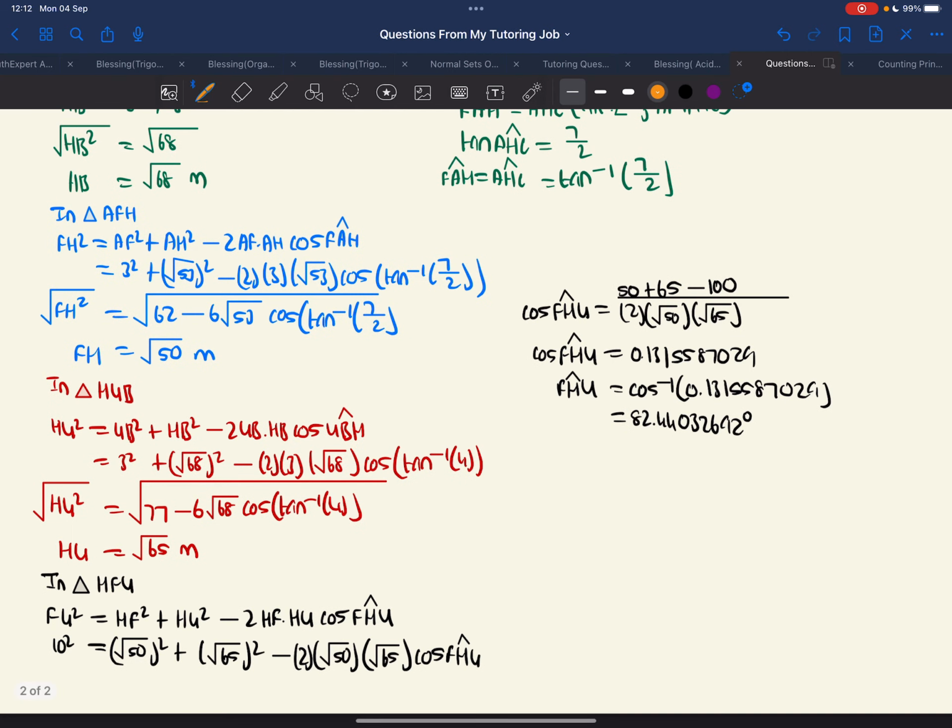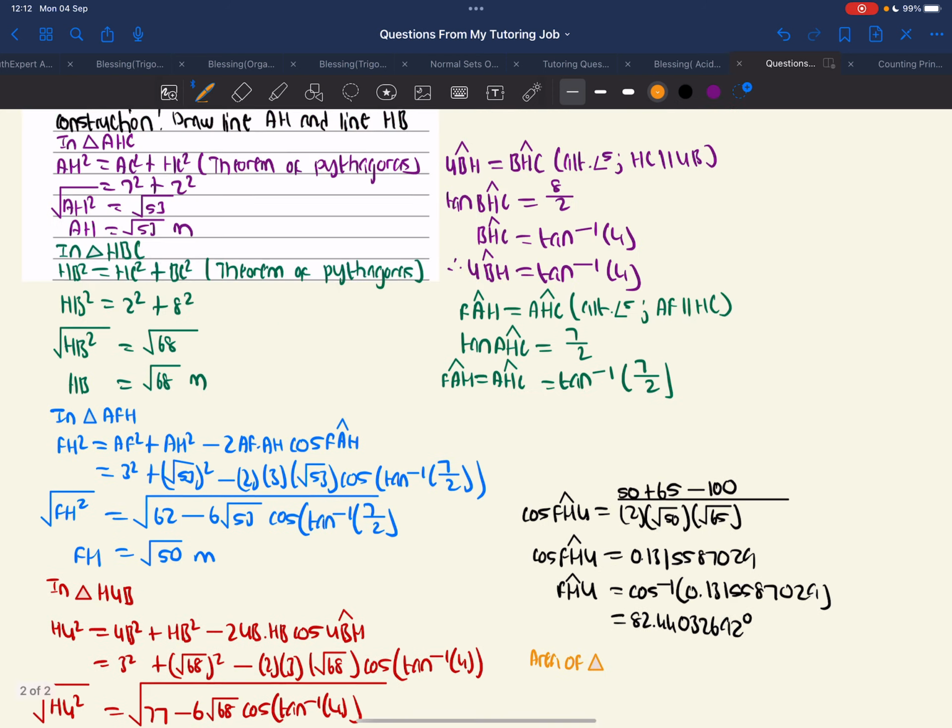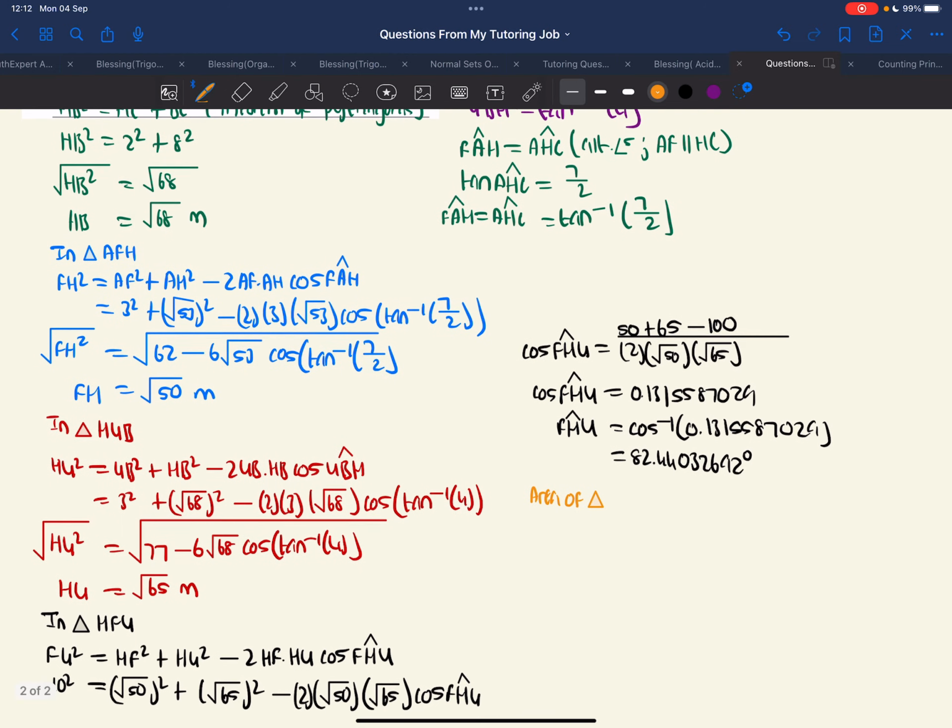So I'm going to say area of triangle, which triangle? FGH. Area of triangle FGH is going to be a half of FH multiplied by GH and sine of angle FHG.